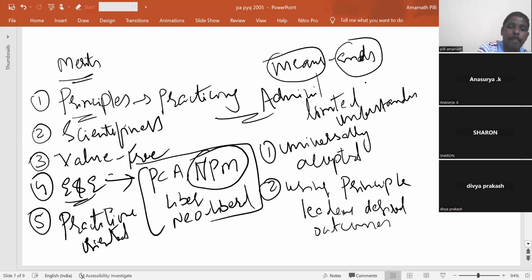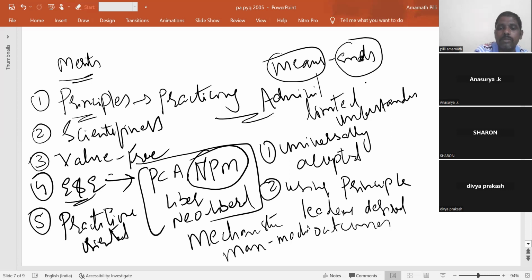They adopted a mechanistic approach. They had a man-as-machine view, a closed understanding of organizations. That is what you call a physiological approach.